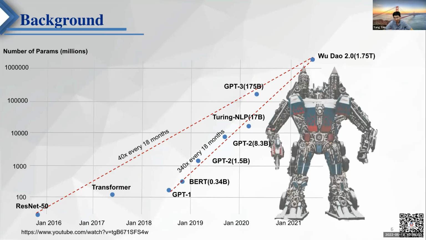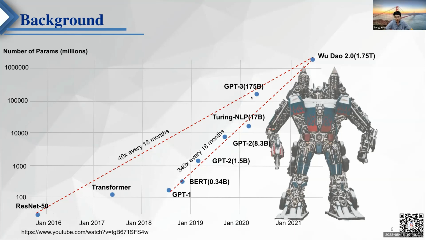Let me show you a second figure. The horizontal axis is also the timeline by year: 2017, 2018, 2019, 2021. The vertical axis is the number of parameters in the AI models, or the size of AI models, or the memory requirement of the AI models. In 2016, the best AI model is probably less than 50.